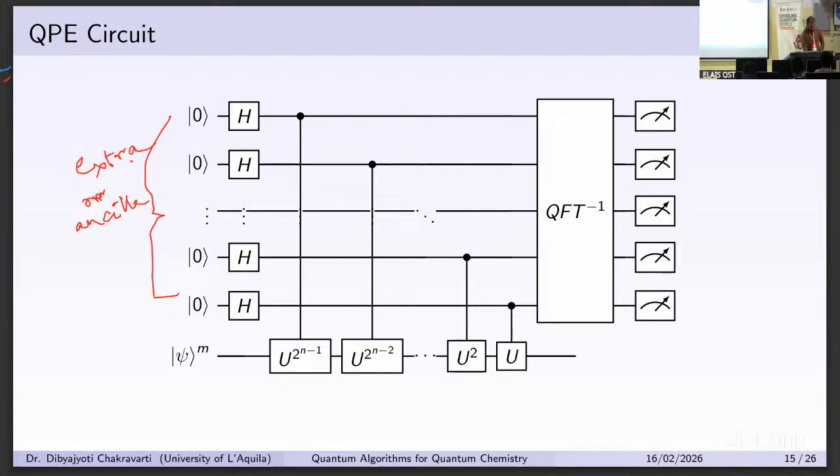This is the eigenstate corresponding to the unitary operator. So we don't know exactly the eigenstate because we don't know the eigenvalue of the unitary.